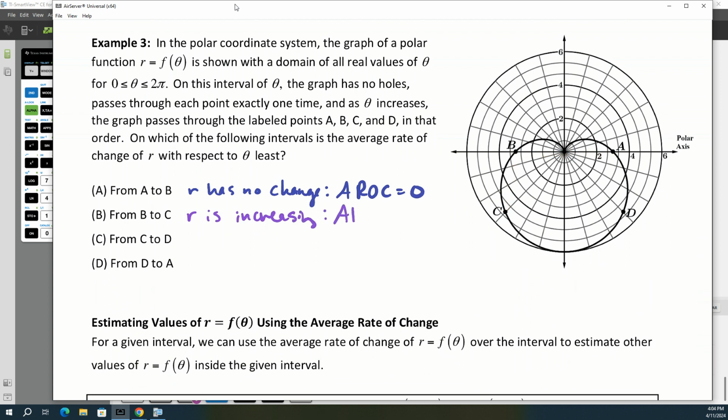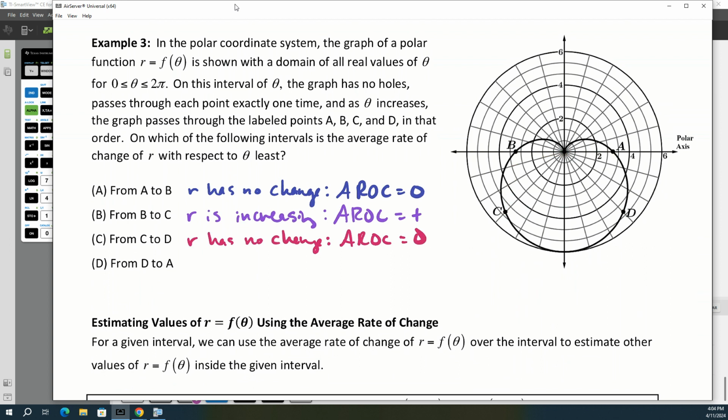So that would mean the average rate of change is going to be positive. Okay, and the next question from C to D. C to D, r is not changing.